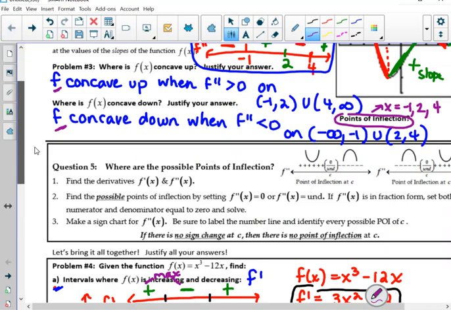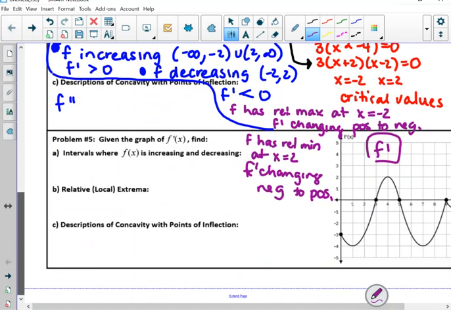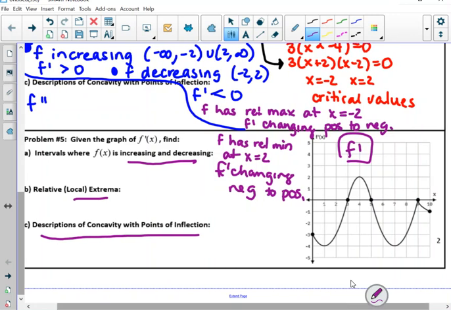In 27, we're looking at the graph information for concavity and points of inflection. So I'd suggest right now stopping the video and seeing if you can go through the analysis, looking at the F prime graph to determine where F is increasing, where F is decreasing, where there are any local mins and maxes, and also see if you can figure out what the concavity of F is like in different locations, and where any points of inflection are.